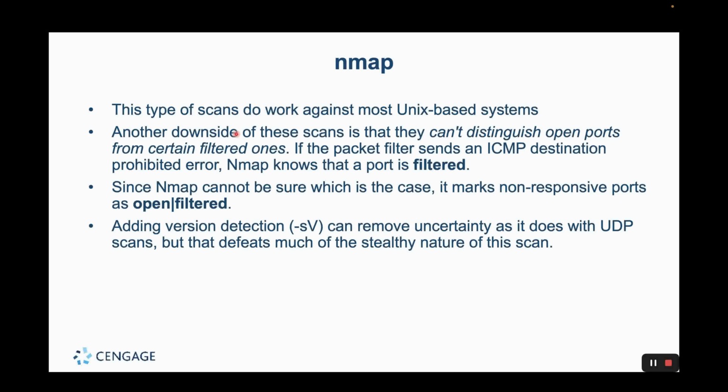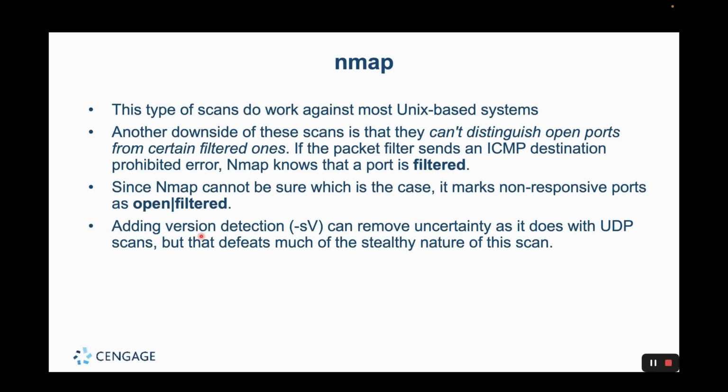Now, another downside of these scans is that they cannot distinguish open ports from certain filtered ones. If the packet filter sends an ICMP destination prohibited error, Nmap knows that this port is filtered. Since Nmap cannot be sure which is the case, it marks non-responsive ports as open|filtered.